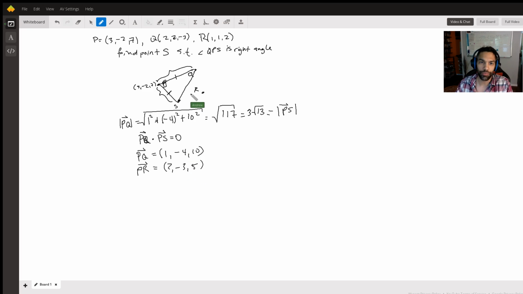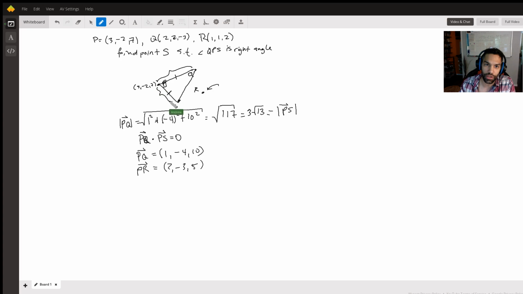Now, it seems really random that this R is sitting over here, right? It wasn't stated explicitly in the question, but the reason I think it's there is because every vector that's orthogonal to PQ is not only this one here, but everything in that plane.